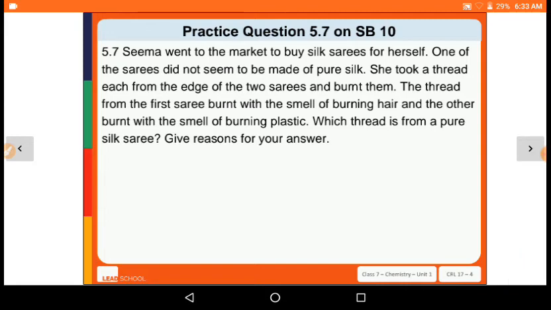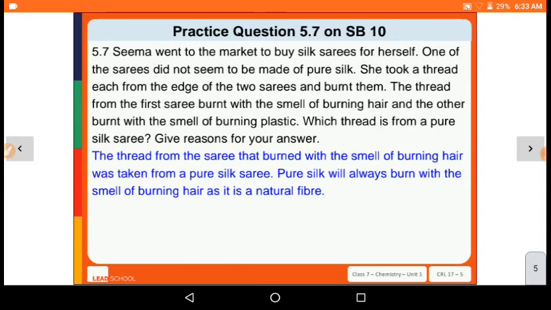Give a reason for your answer. The thread that has the smell of burning hair is the pure silk sari, and the one with the burning plastic smell is not pure, because pure silk will always burn with the smell of burning hair, as it is a natural fiber.